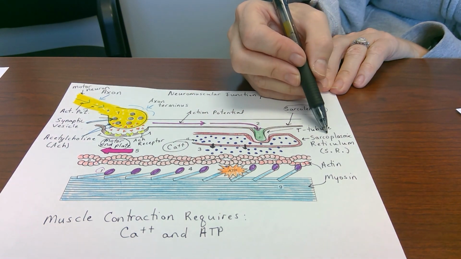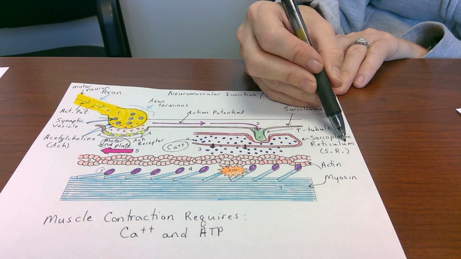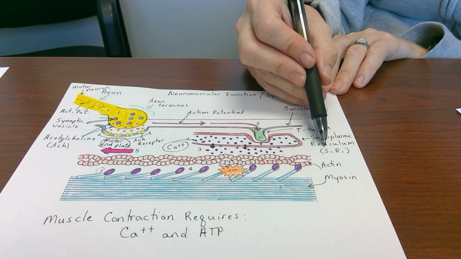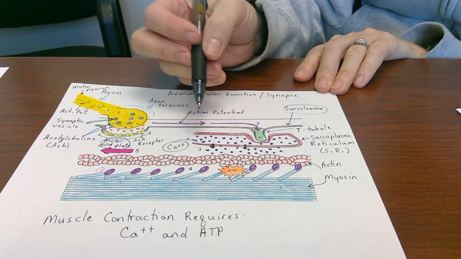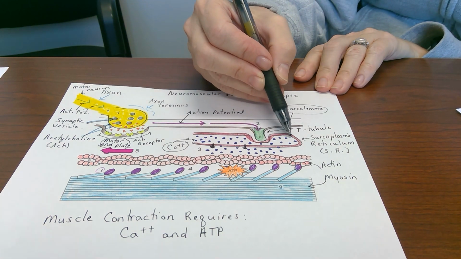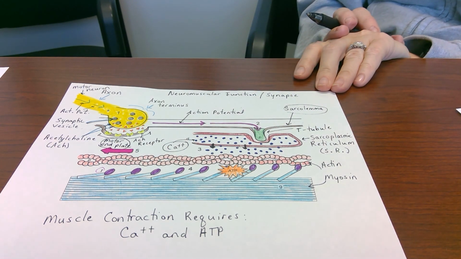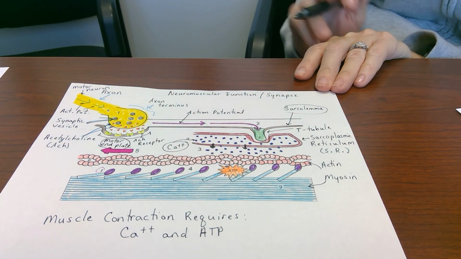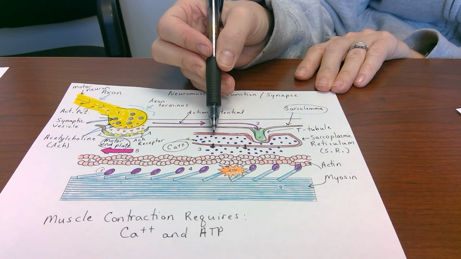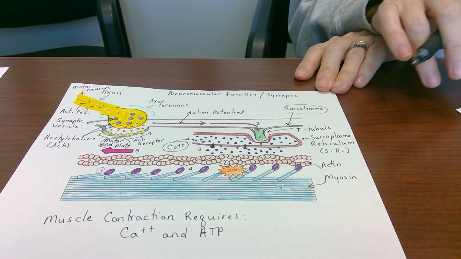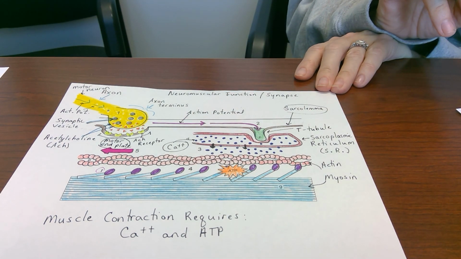I've labeled that here, sarcoplasmic reticulum, or you can abbreviate SR. I've colored the boundary here in dark red. The sarcoplasmic reticulum is a specialized organelle found in muscle cells that stores and releases calcium. That's its big job, to store and release calcium.